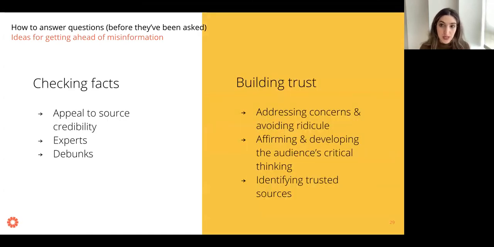So to sum up, one of the takeaways we want you to have from this session is that there's a difference between checking facts and building trust, right? The classic debunk, or fact check, does a couple of things very well. One of the things that it does is appeal to source credibility, right?